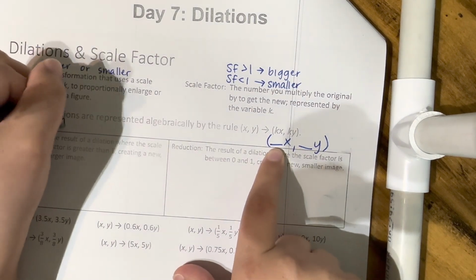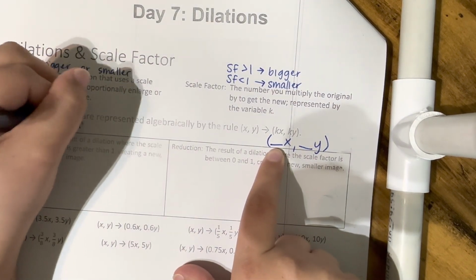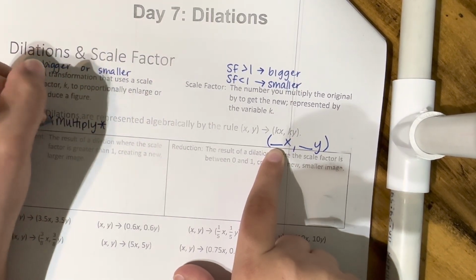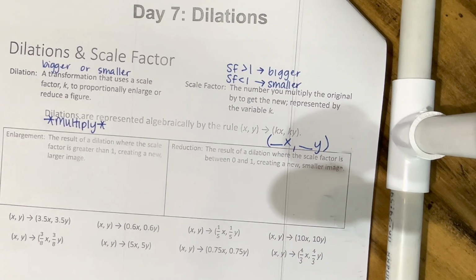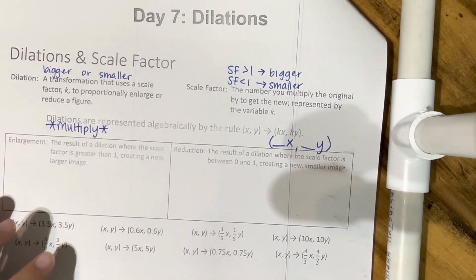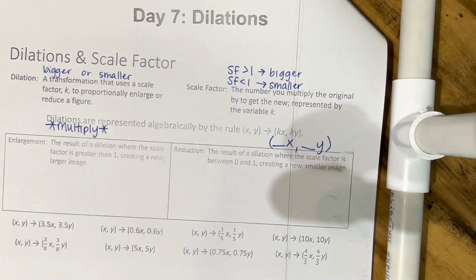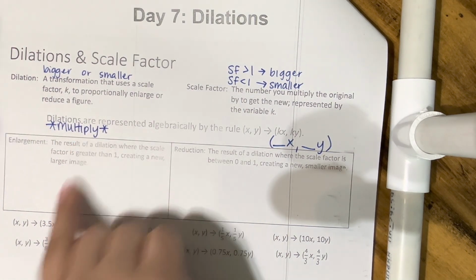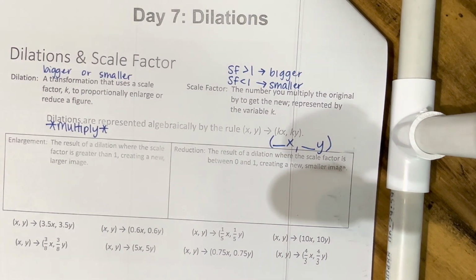Whenever we see the word dilation, we want to remember that it means that we are multiplying, right? Dilations multiply. So if you're looking at a question over dilations and they're saying, what is the rule for this dilation? You want to make sure your rule is multiplying. If you see any adding or subtracting, cancel that out. There's no way that we're adding or subtracting whenever we're talking about dilations.